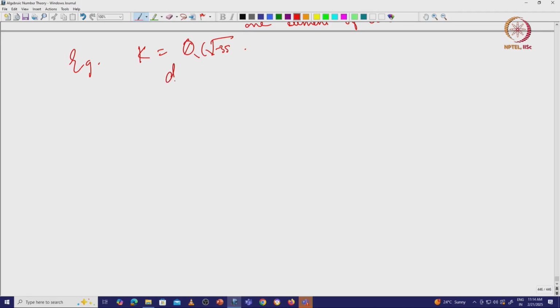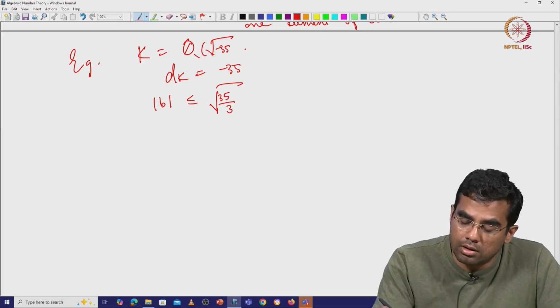In this case dK is minus 35, because minus 35 is 1 mod 4. So you check for all b's with |b| less than square root of 35 by 3, and 35 by 3 is 11 point something.